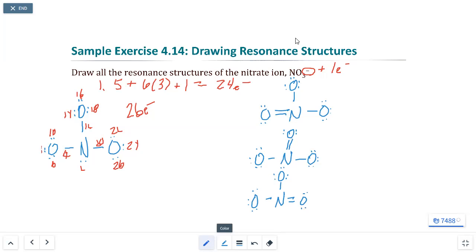And since the nitrogen now has 4 bonds around it, I don't need that lone pair on the nitrogen anymore. So in this case, the nitrogen to oxygen bond, that double bond is shared over 3 different areas.